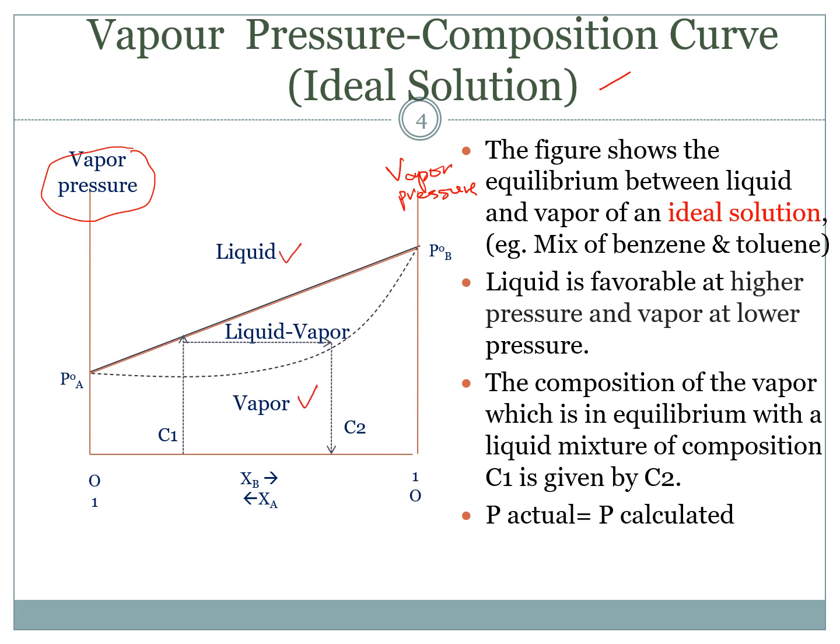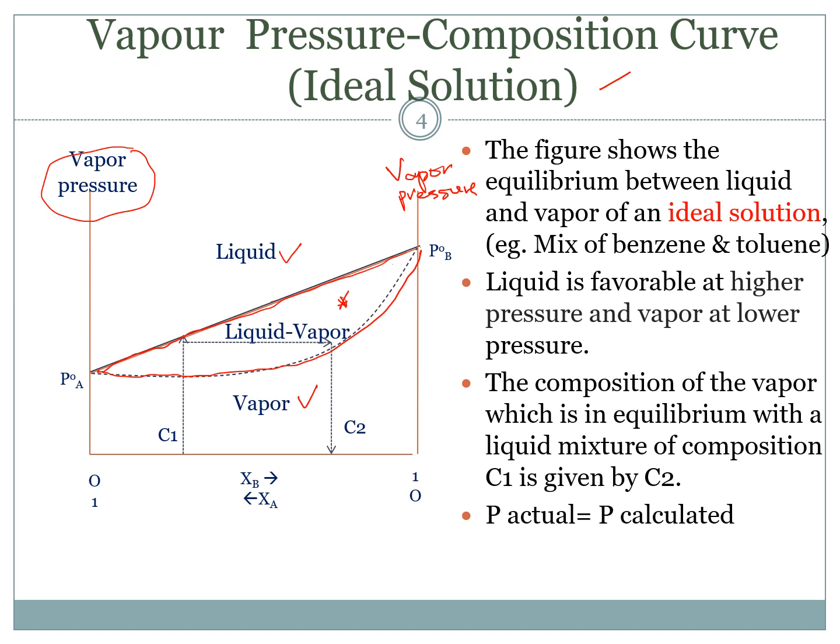Vapor is favorable at lower pressure. In this region, it has two phases, which are liquid and vapor in equilibrium. This line tells us the composition of the liquid. This line tells us the composition of vapor.